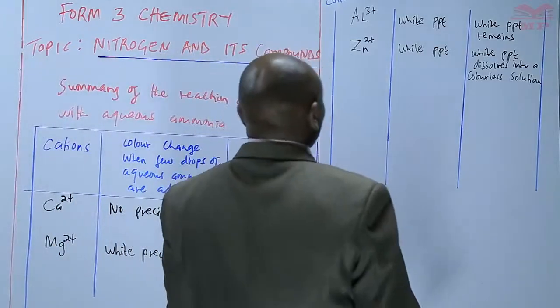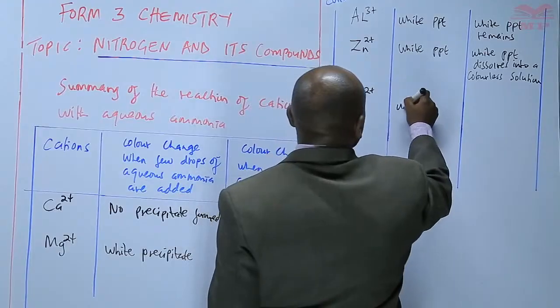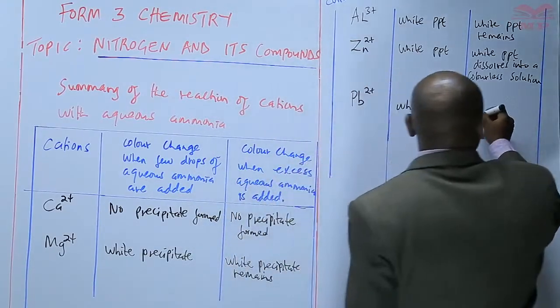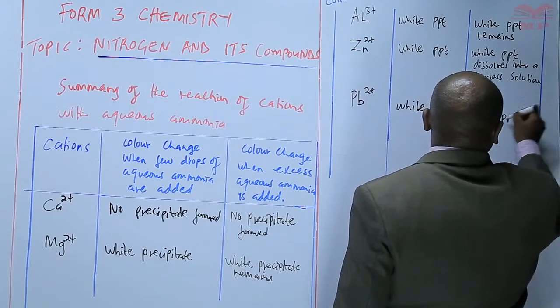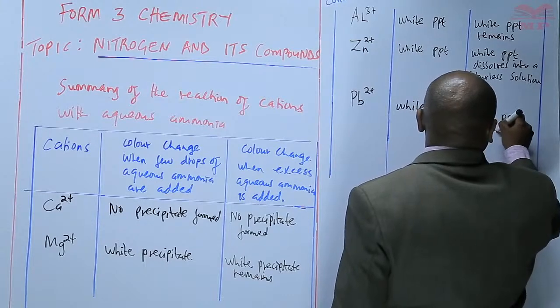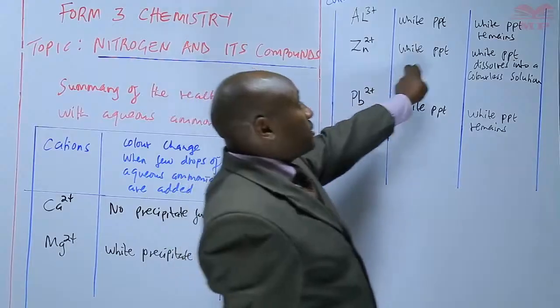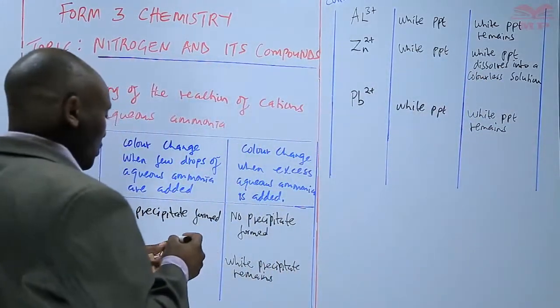Then we go to lead 2 ions, which also form a white precipitate, but the white precipitate remains. So it doesn't dissolve, unlike zinc, whereby the white precipitate dissolves with excess aqueous ammonia.